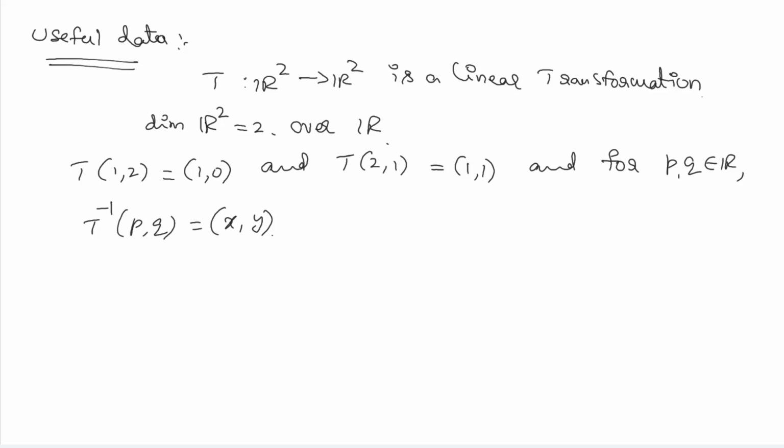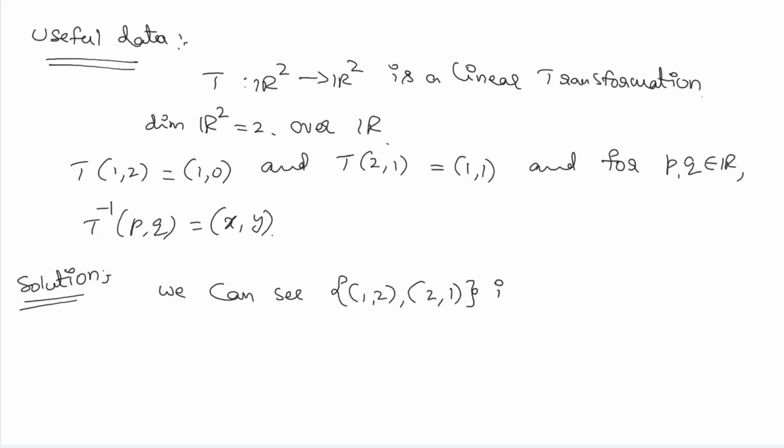Solution starts here. The set with the vectors (1, 2) and (2, 1) is a basis for R square over R. It is one of the bases, since the dimension of R square is 2 and these two vectors are linearly independent.